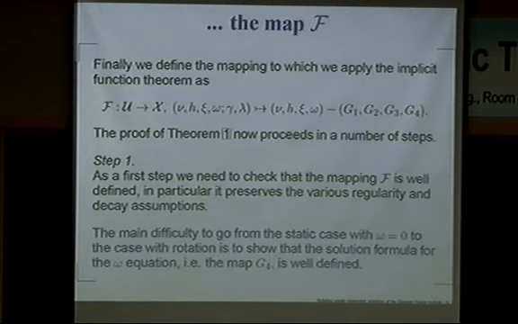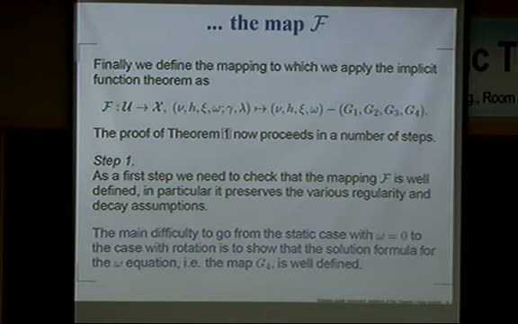So now we finally have this map that we have been looking for, to which we will apply the implicit function theorem. So those were the solution formulas, and you want the map to be such that it is 0 at the solutions, therefore you simply subtract the G's from the given ones, right?